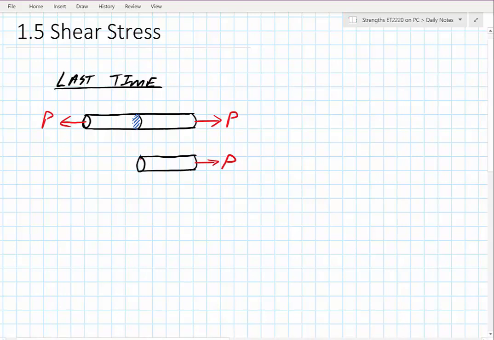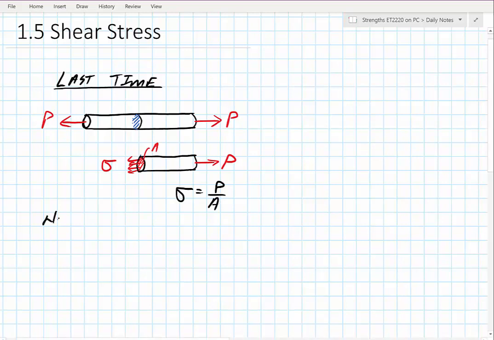And this was this idea of stress, where it's evenly distributed across that cross section. We called that sigma, acting across this cross sectional area, and we defined this sigma to be equal to the total force evenly distributed across that area. So we called that either axial stress or average normal stress.